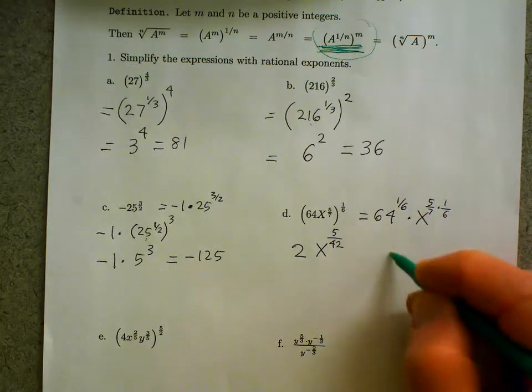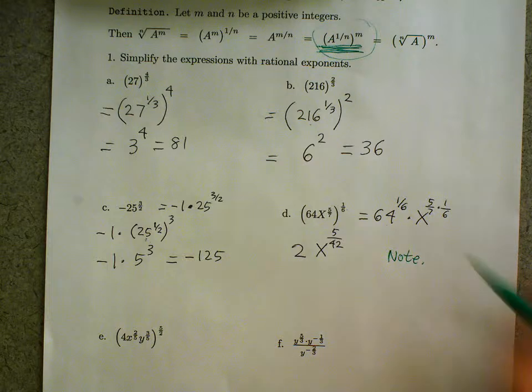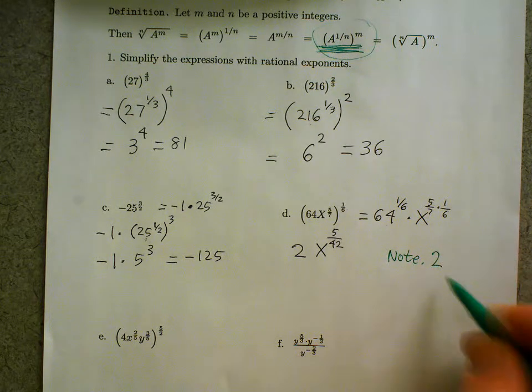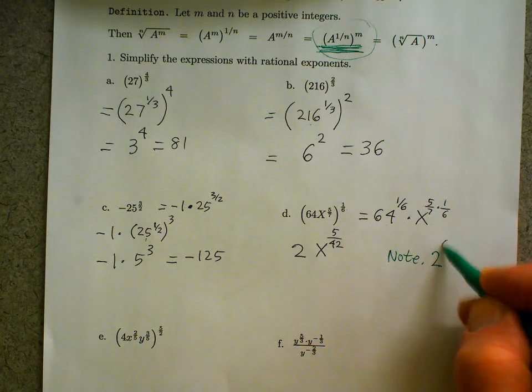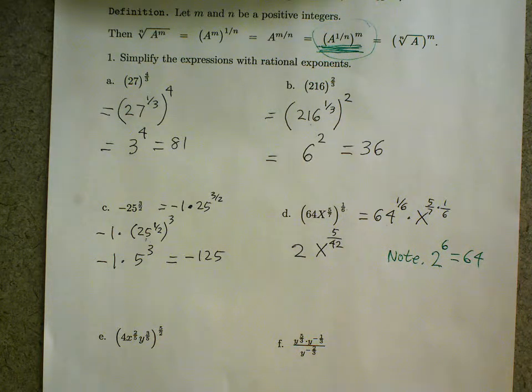So just a note, a related fact is that the number 2 raised to the power 6 is 64. So that's why 64 to the 1/6 is equal to 2. See what I mean?